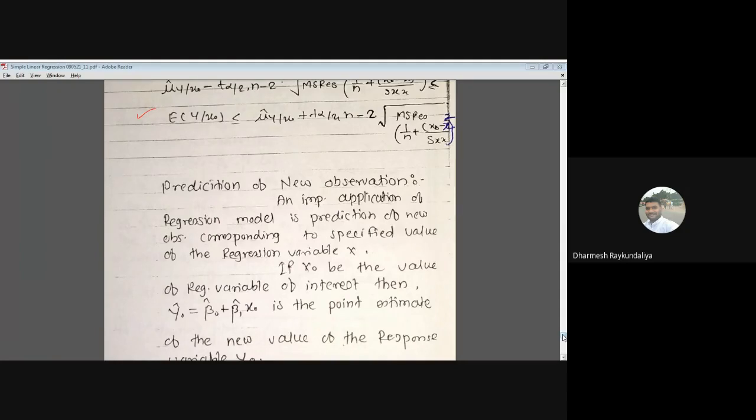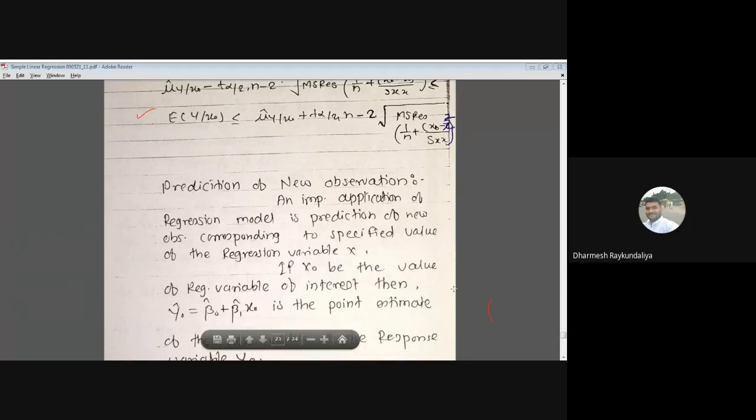We have obtained the mean response given a value of x0. So suppose आपके पास n observation है, y1, y2, yn, and similarly n observation x1, x2, xn. Now you have given a value of x0. Now you wish to identify what is the value of yn+1. So I wish to predict the new observation.